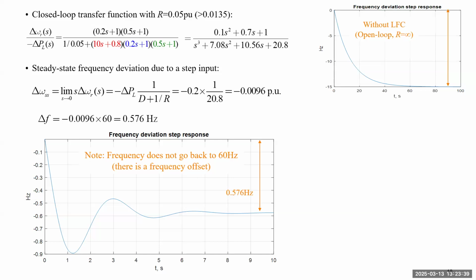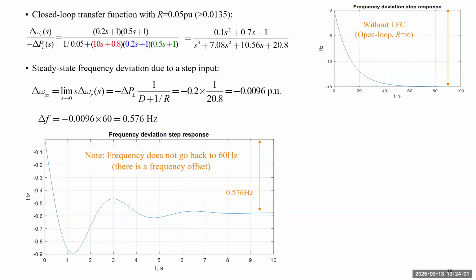If you don't use any load frequency control, only using the frequency sensitive load to somehow mitigate the frequency deviation, the frequency can be very bad. It will end up at like 45 hertz, because the deviation can be 15 hertz without load frequency control.